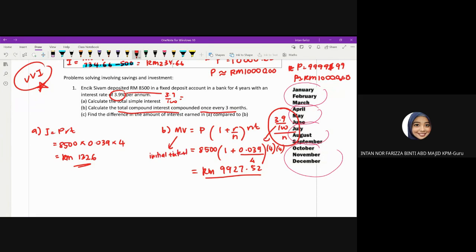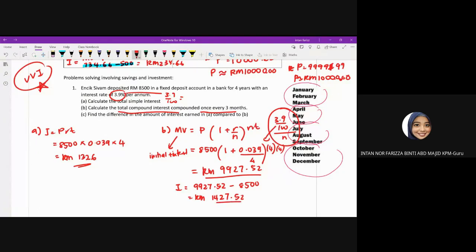So how to find the interest only? The interest will be 9927.52 minus the amount Encik Sivam deposited at first, which is 8,500. Minus these two, I get 1427.52.